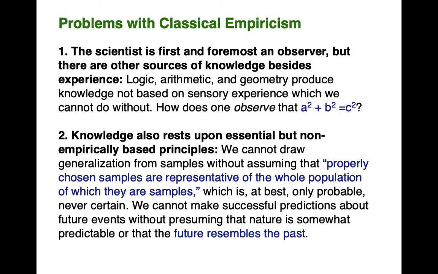Now, classical empiricism has its problems, has its limits. And again, for each of these trends, I'm going to say we're adding to the idea of how science works, of how scientific reasoning operates, by incorporating new findings, new philosophical thoughts. Number one, the scientist is first and foremost an observer, but there are other sources of knowledge besides experience.